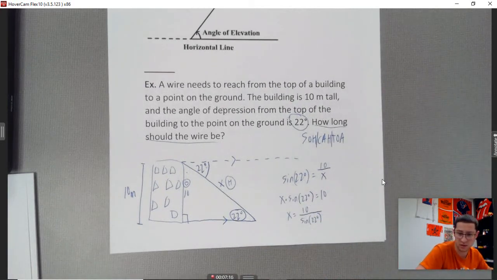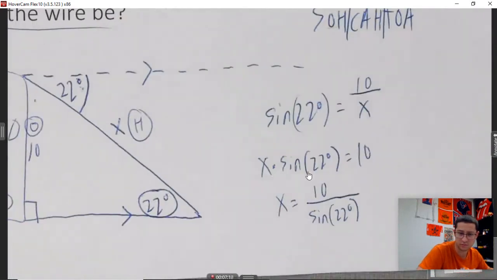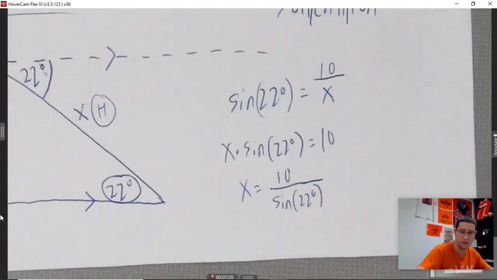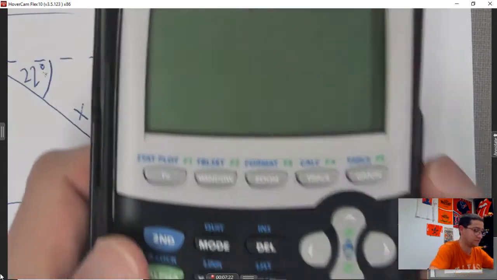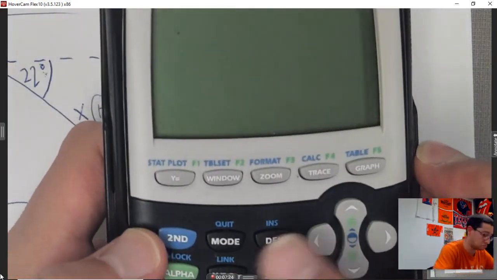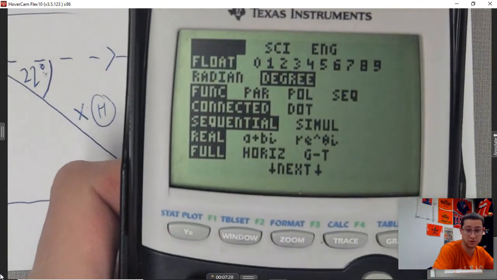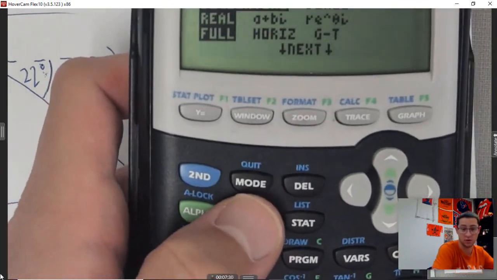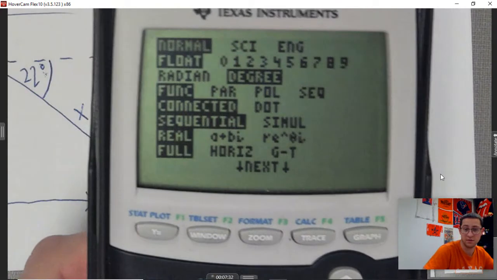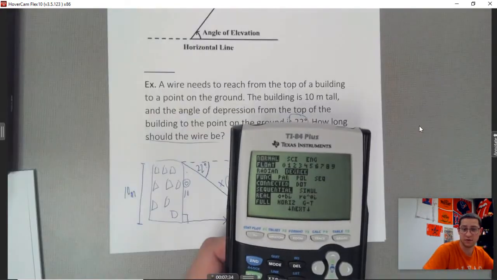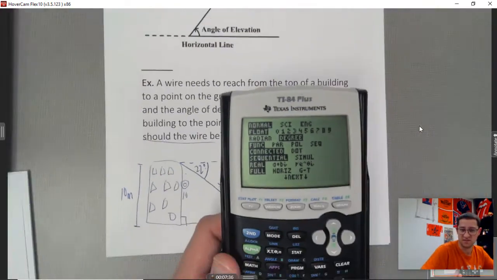Maybe let's zoom in so we can see it a little better. Then I've got to make sure I'm in degrees mode. Oh boy, my calculator's too big now. I am in degrees mode. I clicked mode. Let's zoom out. Attack of the mega calculator. There we go.